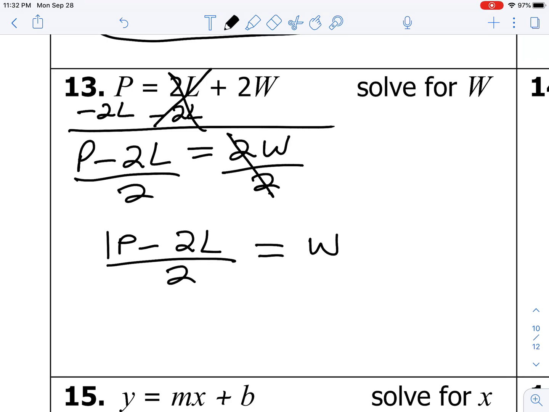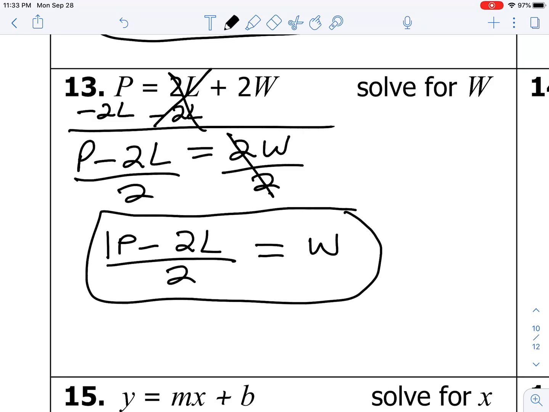Because this is a 1 in front of the P. Now, if that was a 2 or a 4 or a 6 or a multiple of 2, then yeah, you could reduce all 3 of these numbers by 2. But they are not all multiples of 2. So no, you cannot reduce that. All right? So this would be your answer.